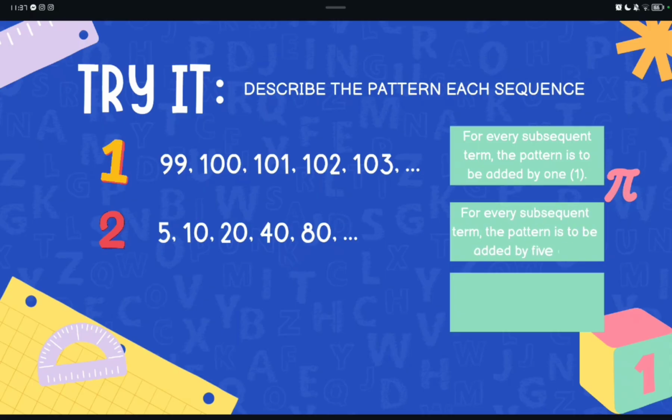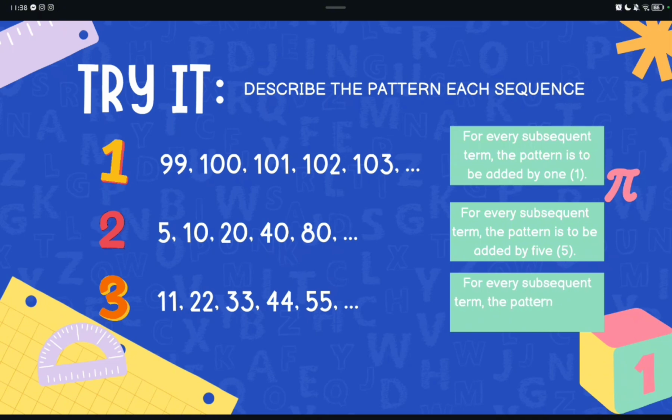For every subsequent term, the number added is 5, and then 10, and then 20, and then 40. Okay. And then 3, we have 11, 22, 33, 44, and 55.